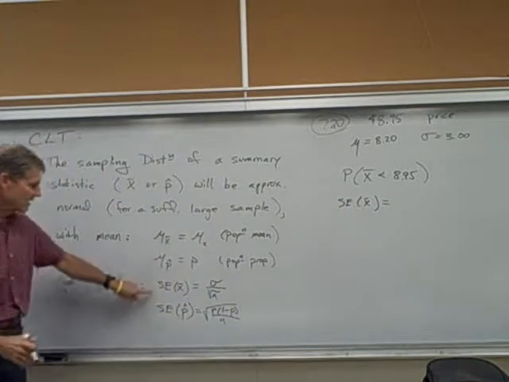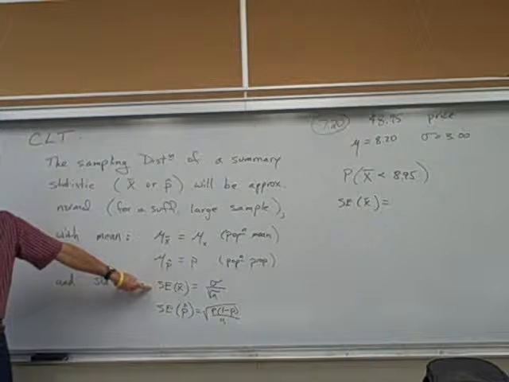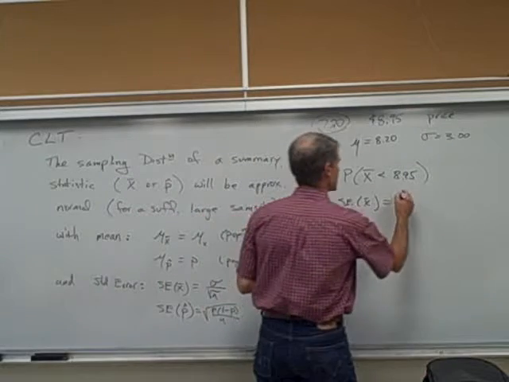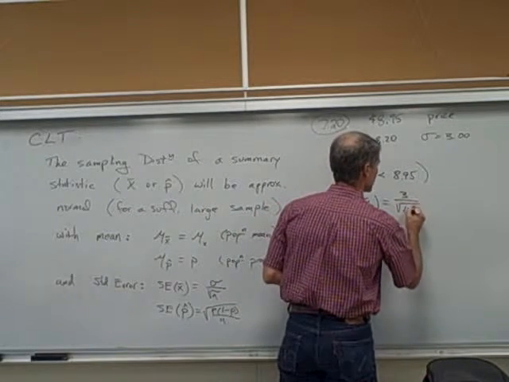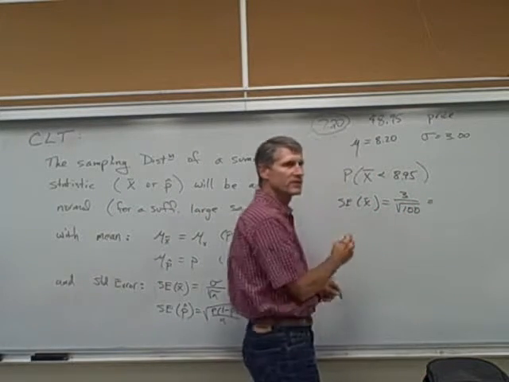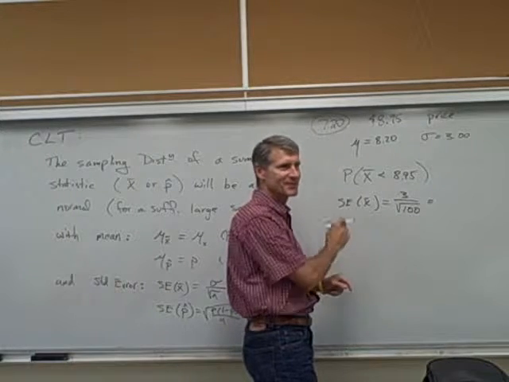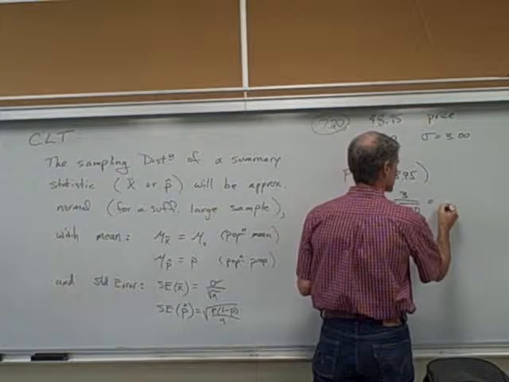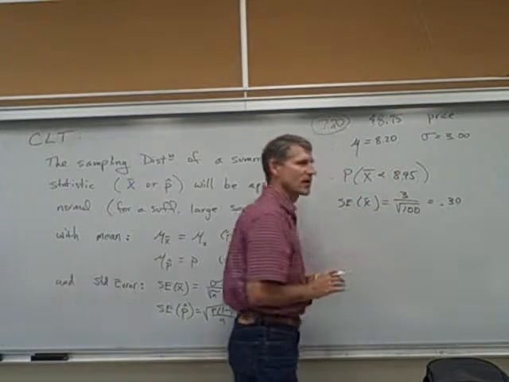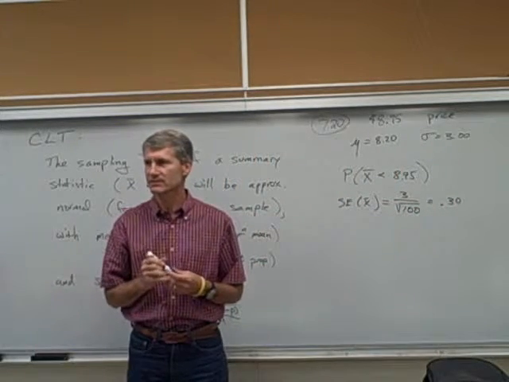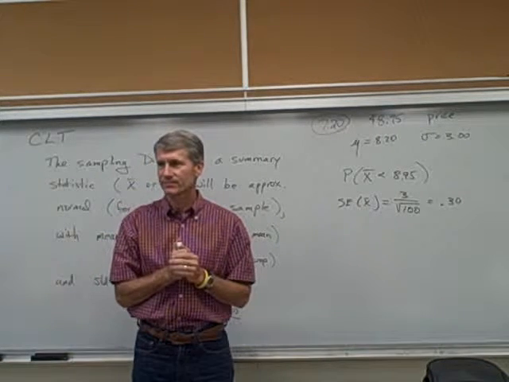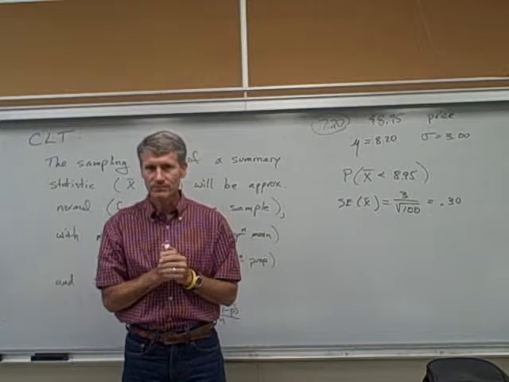Central limit theorem again: the standard error of X bar is sigma over the square root of n. So that's 3 over the square root of 100. It's nice of them to give us numbers that were easy to do. The square root of 100 is 10. 3 divided by 10 is 0.3. And that's in dollars, so that means 30 cents. So the standard error of X bar is 30 cents. Okay?